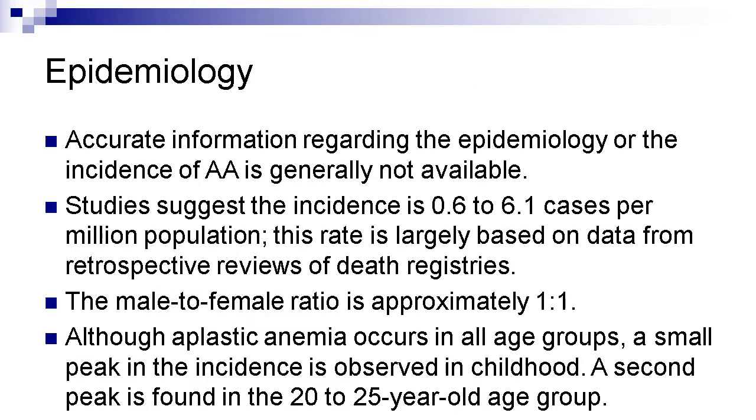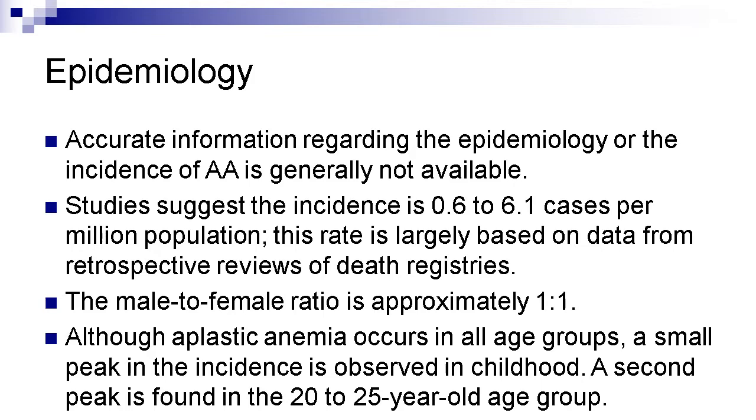Epidemiologically, accurate information regarding the incidence of aplastic anemia is generally not available. However, studies suggest an incidence of only 0.6 to 6.1 cases per million population. And this is not the true incidence because this rate is largely based on data from retrospective reviews of death registries.